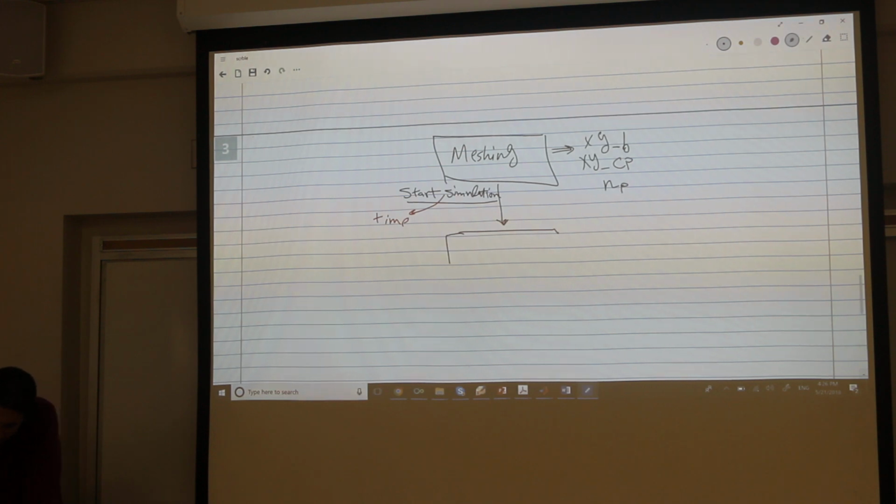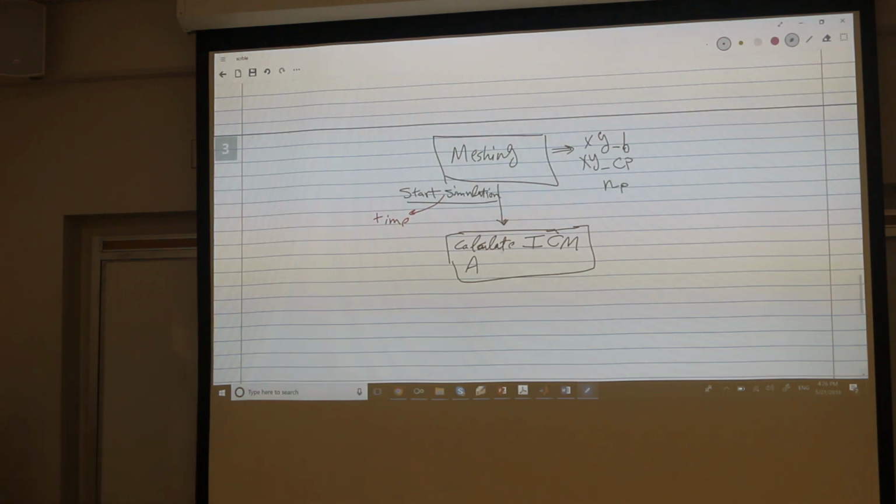So if you have the meshing, we can calculate what we call the influence coefficient matrix. The matrix A, this is what we call the influence coefficient matrix. Matrix A that we constructed above.